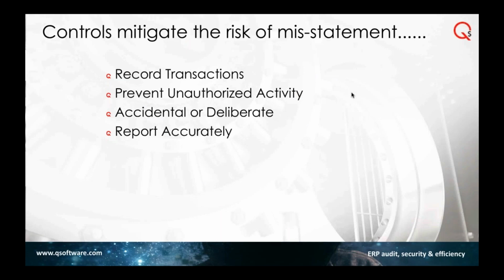So what are the things they're looking for in this? They are trying to understand whether you're going to misstate your financial records. They want to see that you're recording transactions properly, and that there is not room for people to put through unauthorized activity. Have people got access to the system whereby they can actually process transactions in an unauthorized manner?